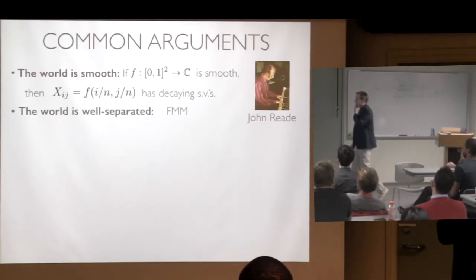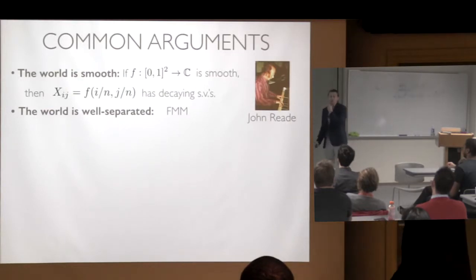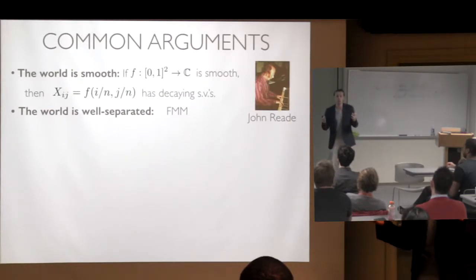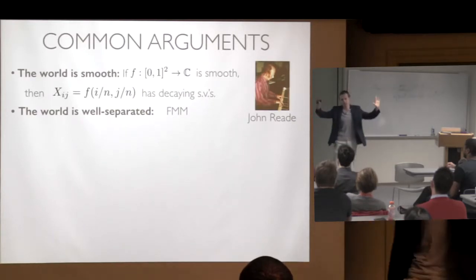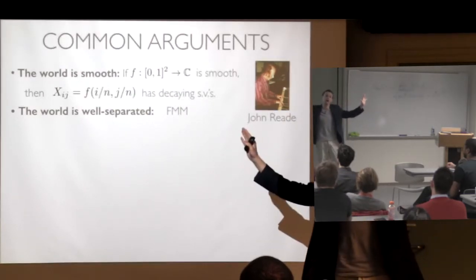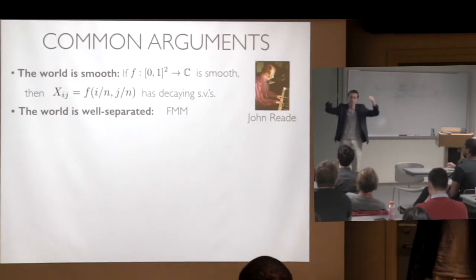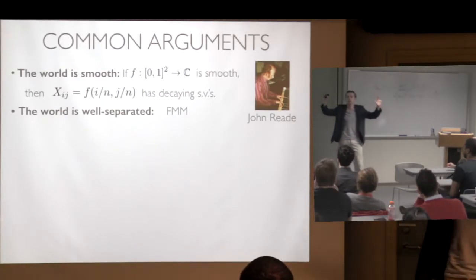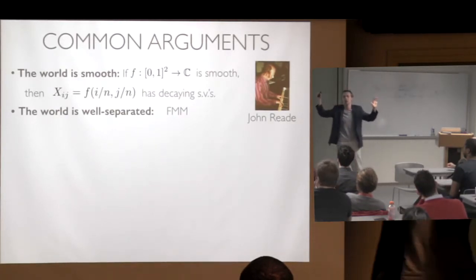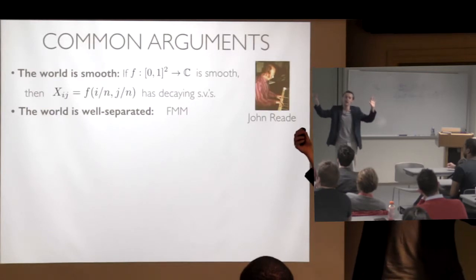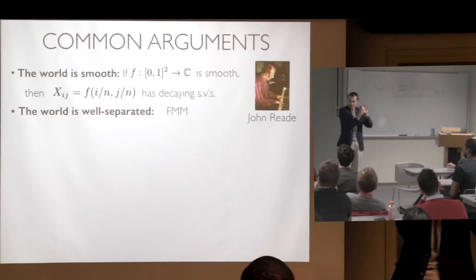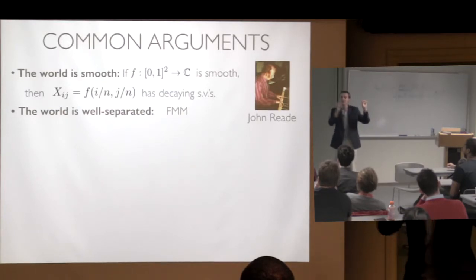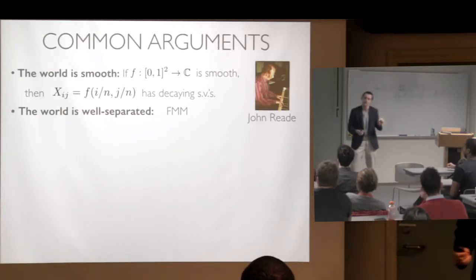The people in the fast multipole method community told me that the world is well separated. What they meant by that is if two galaxies are separated apart and I'm looking at the gravitational force between them, I can replace one galaxy essentially by a superparticle and calculate the gravitational forces between that superparticle and the galaxy of interest, rather than every single pairwise interaction.